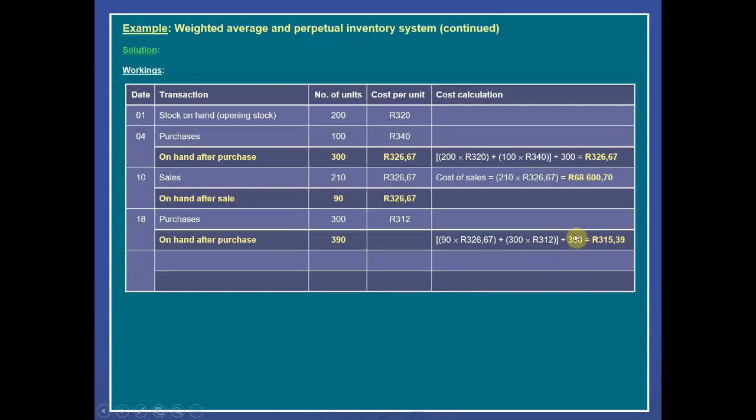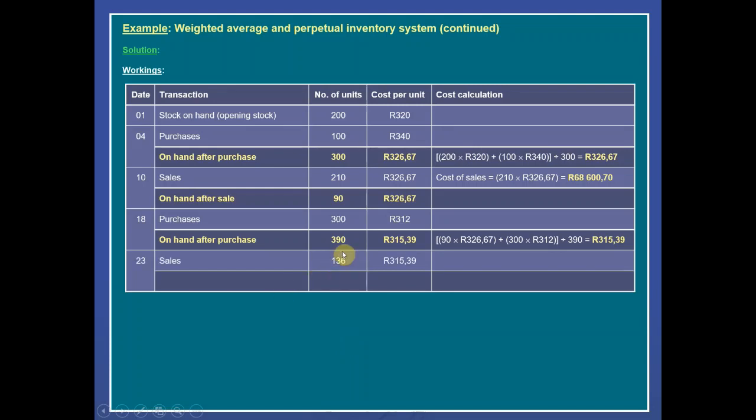We divide by the number of units, which is now the 390. We get a new weighted average price of 315 Rand 39, which we see is now less than the previous weighted average, as the new bunch of items were purchased at a lower price.